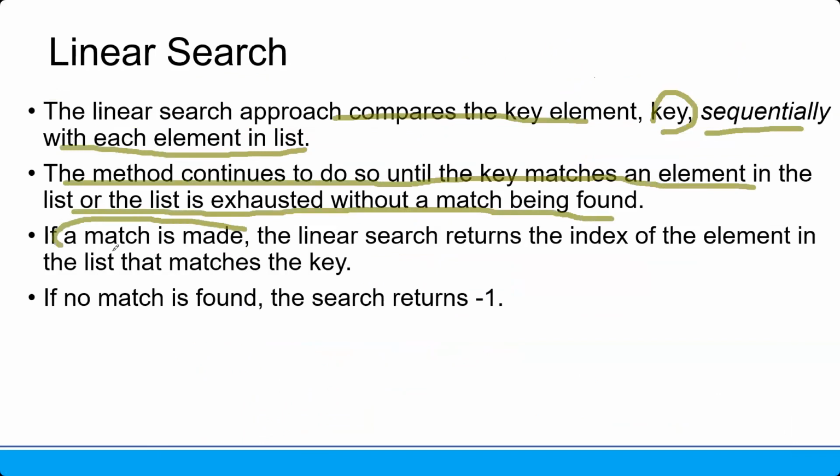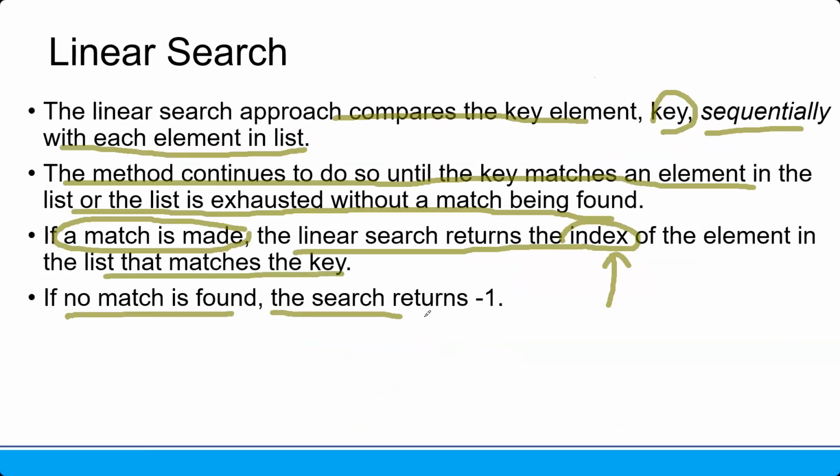If a match is made, then the linear search returns the index of the element. If no match, then the search returns -1.